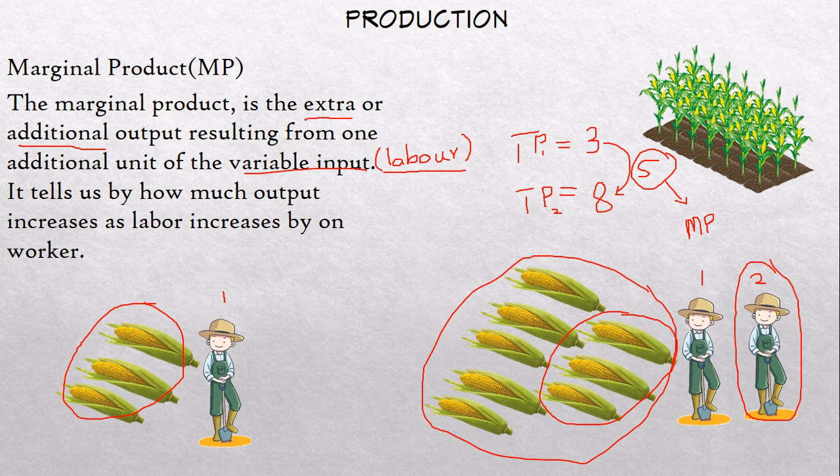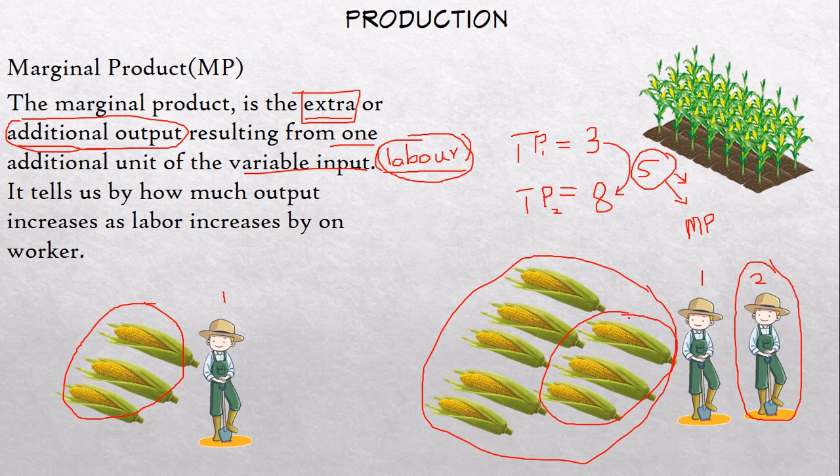So the marginal product is the extra, so take note of this, the extra or the additional output. In this case, the extra output is 5. It is the extra output resulting from one additional unit of variable input or labor. Just by adding another labor, by how much has the maize increased?